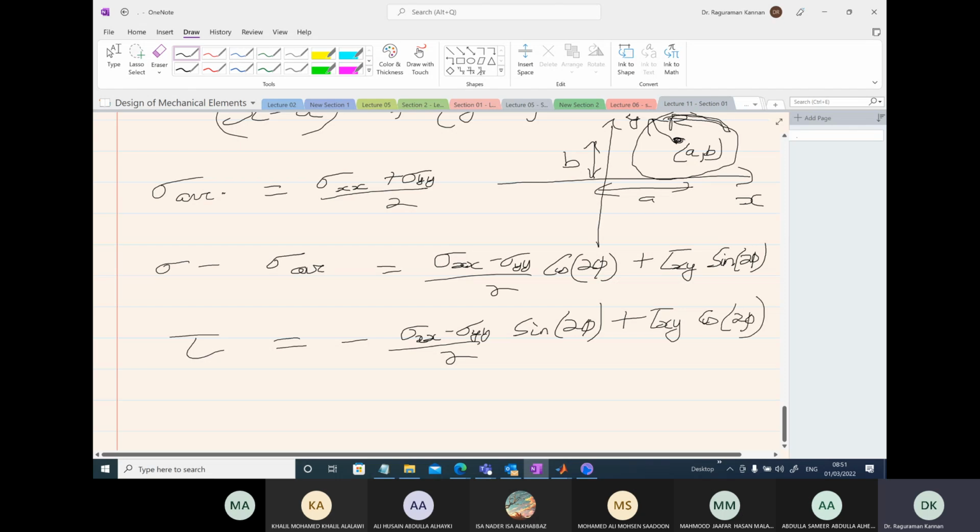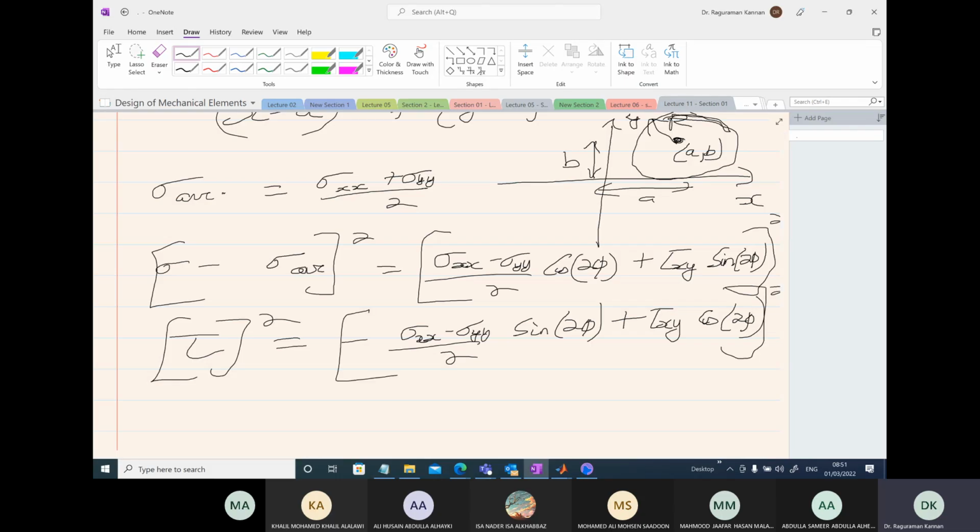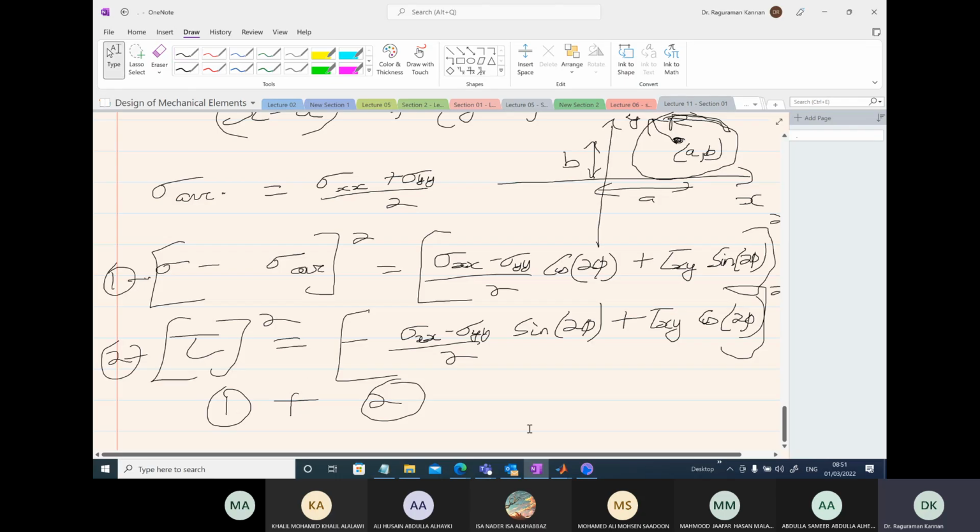Now let's do one thing. Take the left hand side, square them, and square the right hand side. Add these two equations. So this is equation 1, equation 2, 1 plus 2. What does it give you?